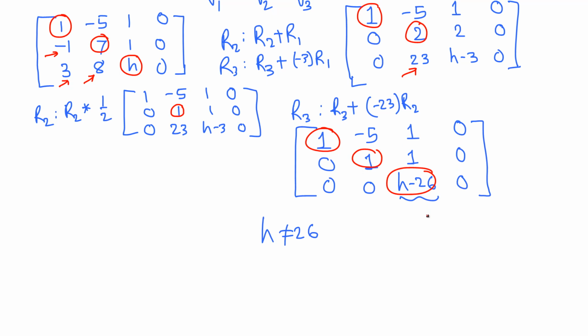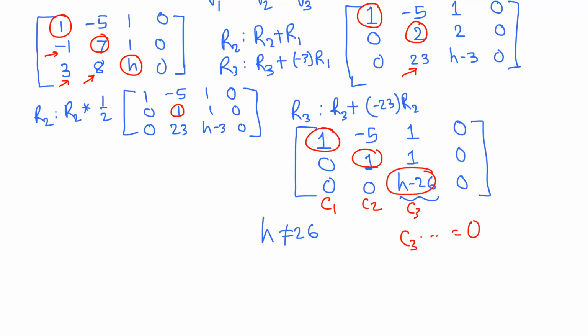That means we have a solution, and since the last column is all zero, we get only the trivial solution. This column is for C1, this for C2, this for C3. If this is not zero, then C3 times a non-zero number equals 0, so dividing gives C3 equals 0, C2 equals 0, C1 equals 0. So we get the trivial solution when h is not equal to 26.